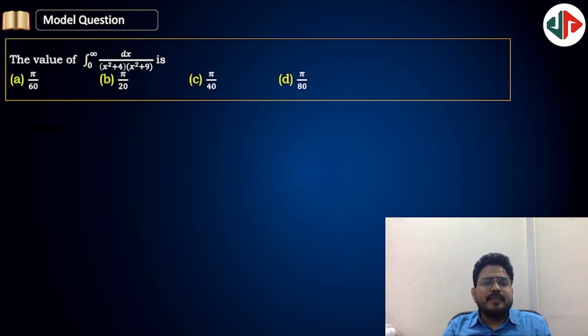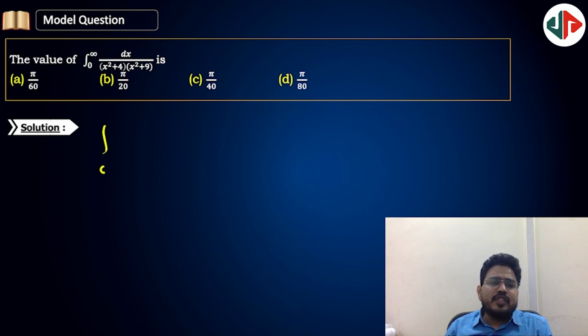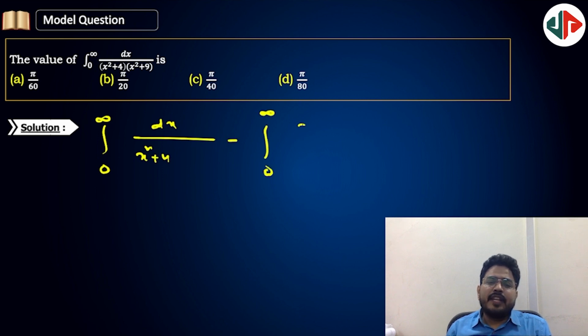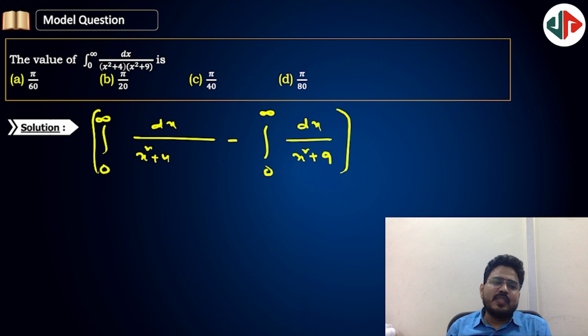Next question is integral this one. See, look at here, 0 to infinity. I will write this one as integral 0 to infinity dx by x square plus 4 minus integral 0 to infinity dx by x square plus 9. So the difference is 1 by 5 is there.